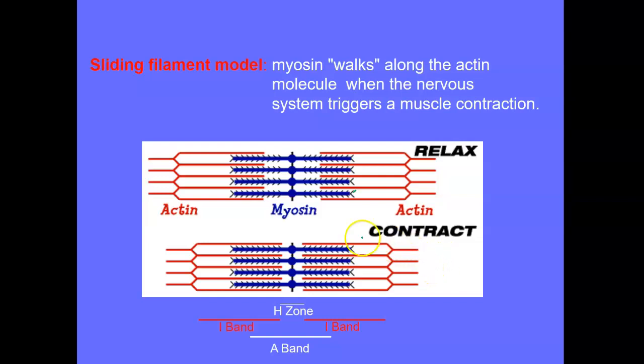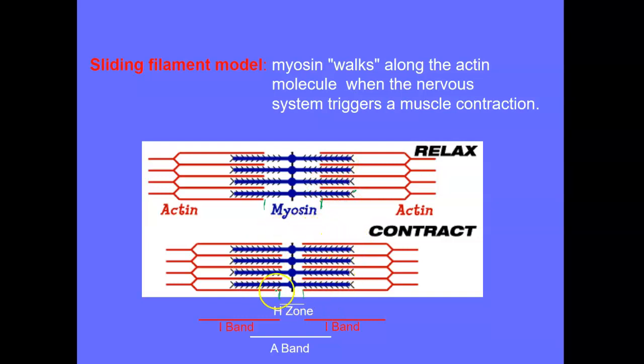Once the muscle is completely contracted, once the muscle shortens as much as it can, the H zone, as you see here, gets a lot smaller, because the H zone was wide here and it's narrow here. The A band gets much larger, okay? Remember, the A band is where you have, I guess it gets smaller. Depends on how you want to look at it. The A band is thicker, the way I think about it.